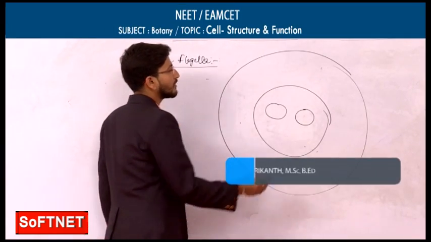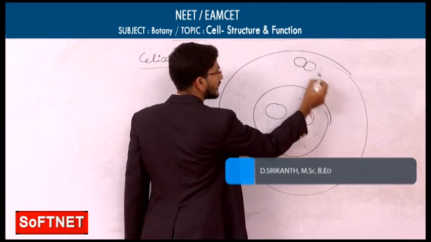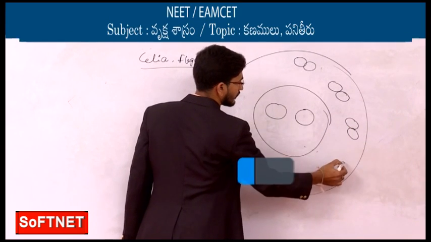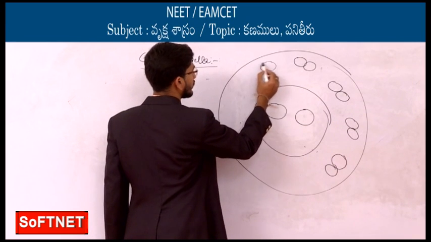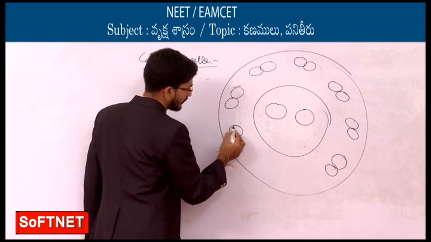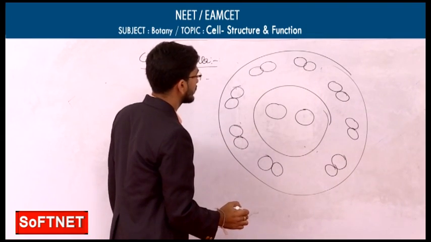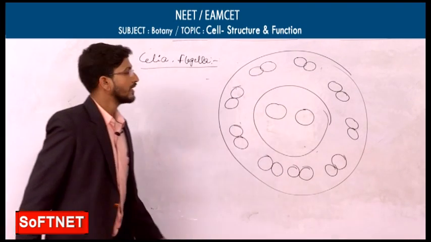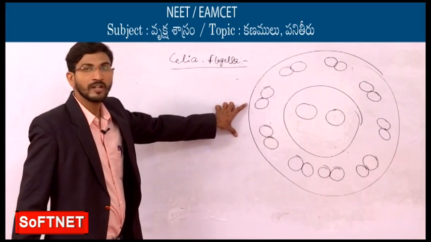Inside the plasma membrane, 9 doublets are present toward the peripheral region.